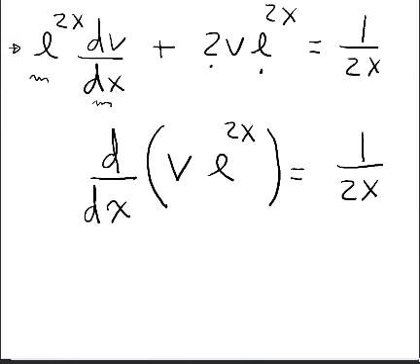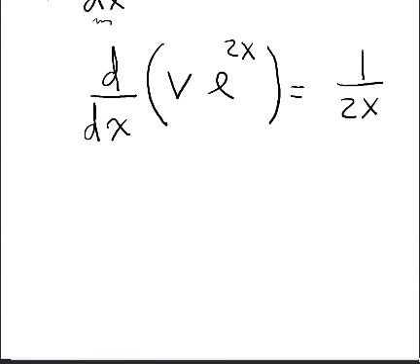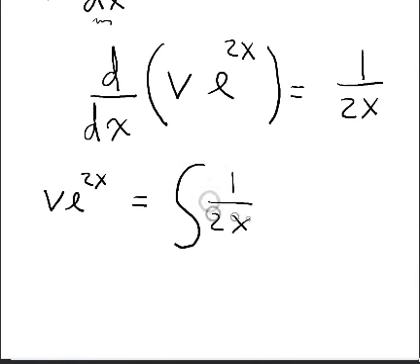And that's what we're looking for, because now we can anti-differentiate both sides with respect to x, and we get v times e to the 2x is the indefinite integral of 1 over 2x dx.